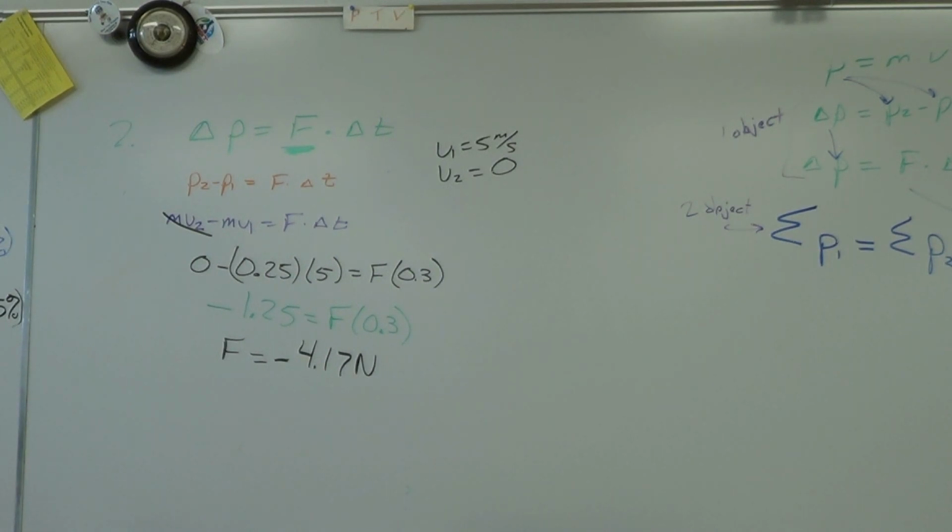Now, the next problem, number 3 on that worksheet on in-class momentum, deals with that fourth equation that I introduced before I hit record on the video. That fourth equation that I wrote on the board is called the conservation of momentum. It means the sum of all my momentum before the collision or interaction is going to be equal to the sum of all my momentum after the collision or interaction.